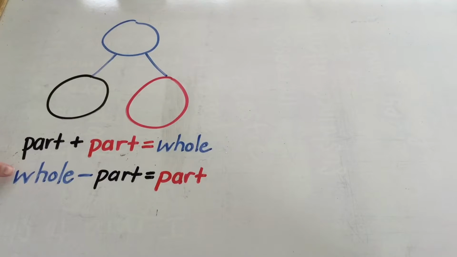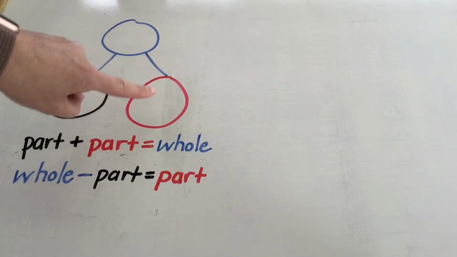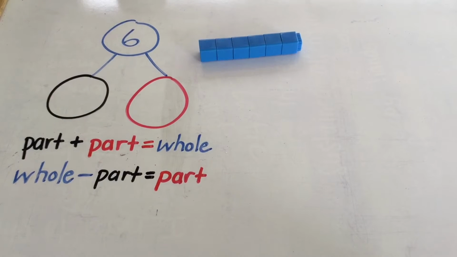Now I can also do the whole minus the red part equals the black part. So just know you're going to be breaking apart numbers into two parts.